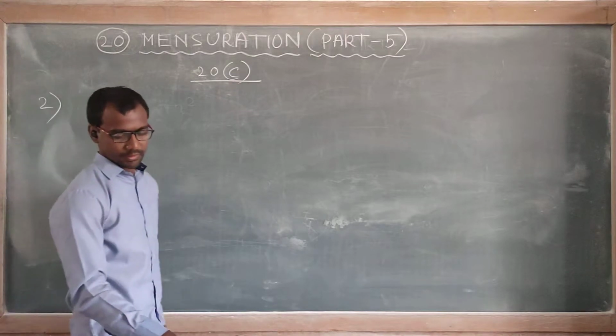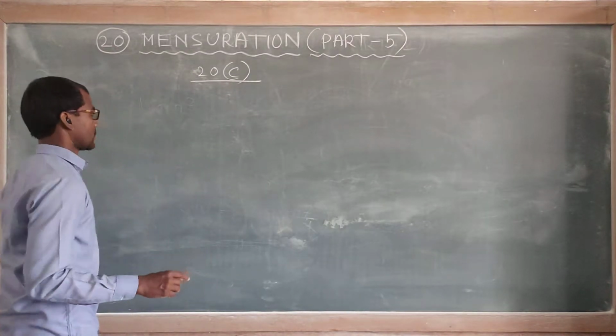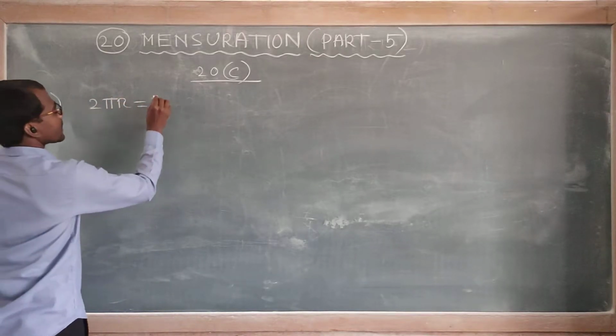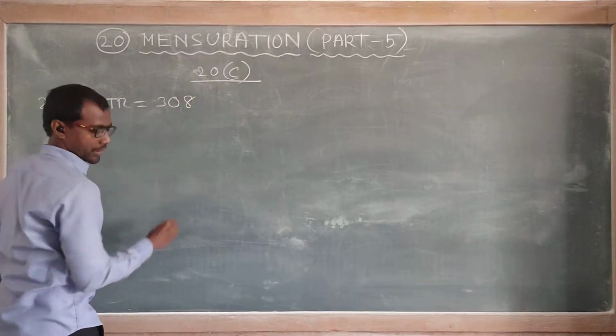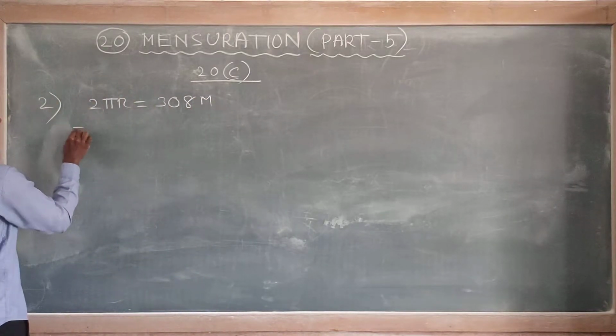The circumference is given as 308 meter and we have to find the radius first. Given 2 pi r is equal to 308 meter. We have to find the radius.